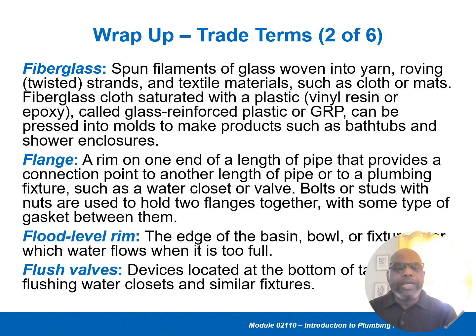Fiberglass is basically spun filaments of glass woven into yarn. They use it to build a lot of things because they use some type of epoxy resin to take those fibers, and it makes those fibers extremely strong with that resin, and it's very durable.